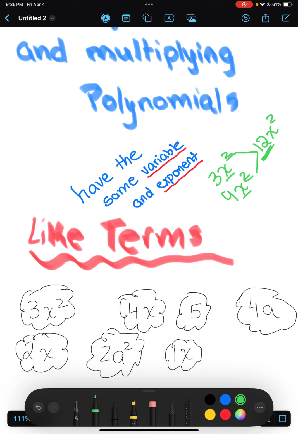So you're adding the coefficients when you're combining your like terms, but you are not doing anything to your variables and exponents, okay? So when you're combining like terms, you add coefficients, but you keep your variables and exponents common, okay?